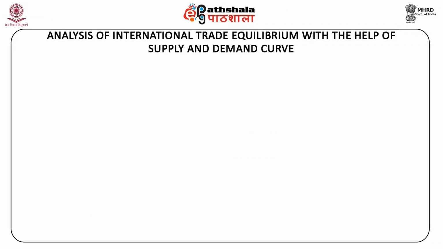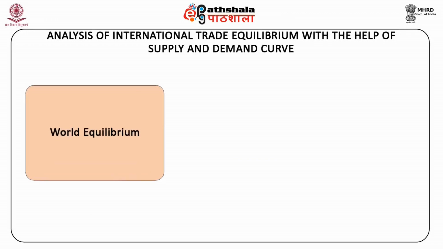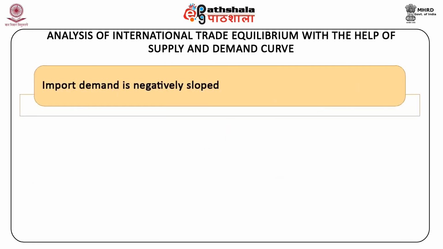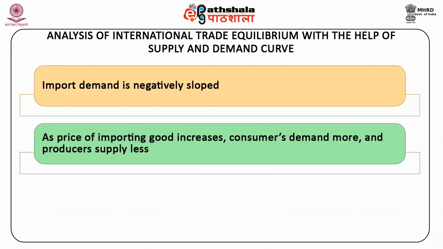In case of partial equilibrium, the world equilibrium occurs when import demand is equal to export supply. Import demand is negatively sloped, which implies that as price decreases, the demand for imported goods increases. When the price of the imported good decreases, the nation's consumers demand more, while the nation's producers supply less.